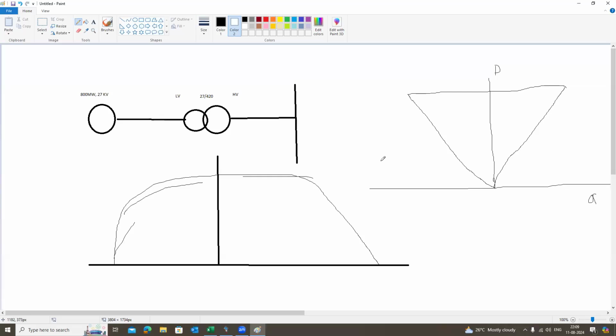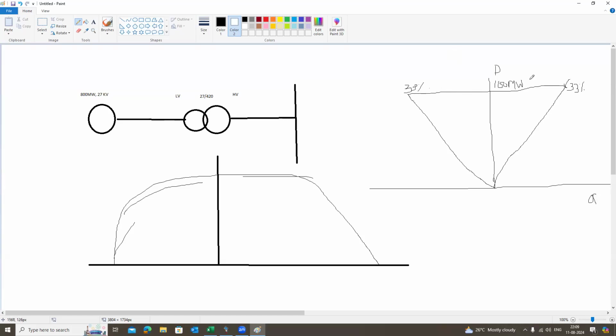Let's suppose you are declaring your plant capacity as 100 megawatt. So at 100 megawatt, at least you need to support 33% of the reactive power on the lagging side and 33% of the reactive power on the leading side.